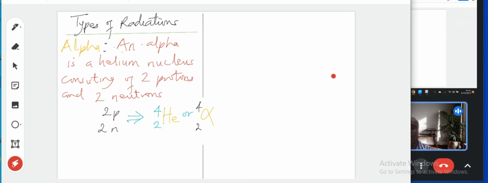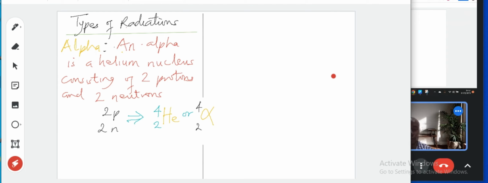A helium atom has 2 neutrons, 2 protons, and 2 electrons. Good. But the nucleus of a helium is just 2 protons and 2 neutrons. So an alpha particle is not a full helium atom, but just the nucleus of the helium.